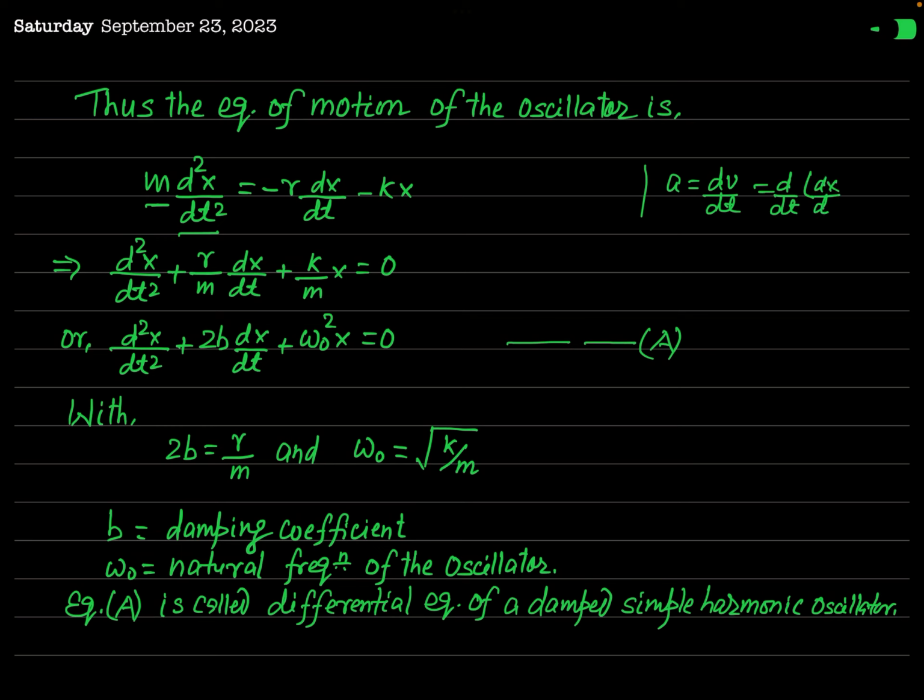So acceleration is d/dt of dx by dt, which is written as d2x by dt square. It means the second order derivative of displacement x will give acceleration. So instead of F, in accordance with the second law of motion, you can write m times d2x by dt square, and that will be equal to minus r times dx by dt minus kx.